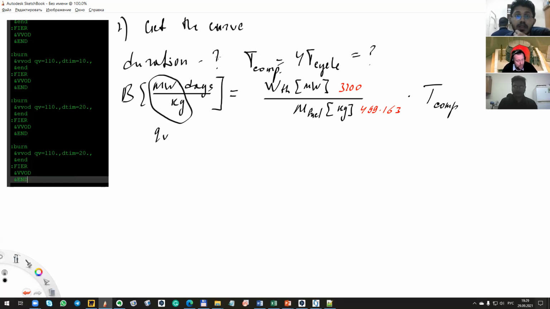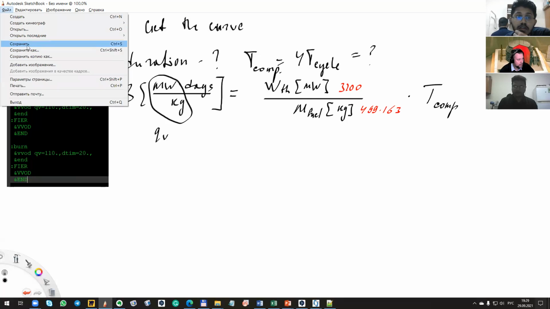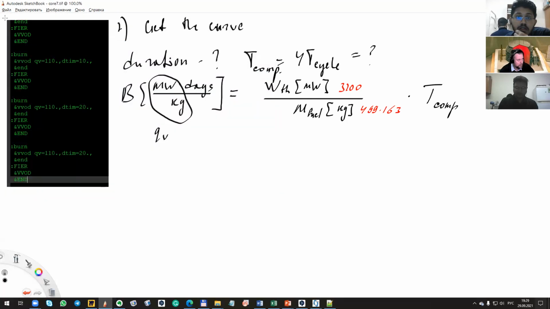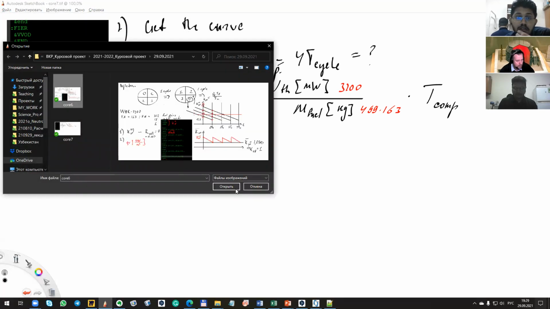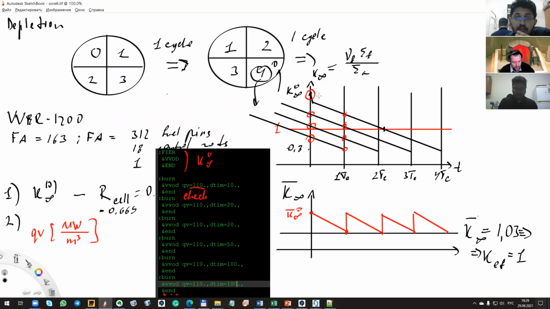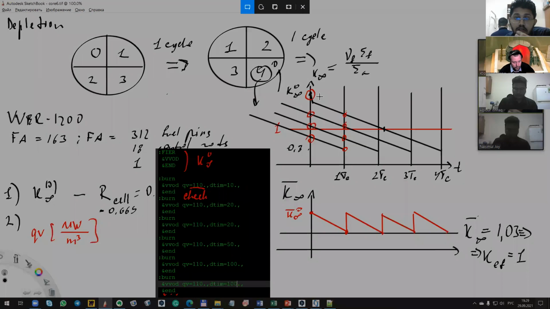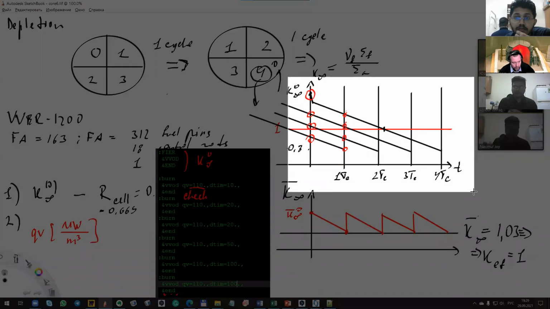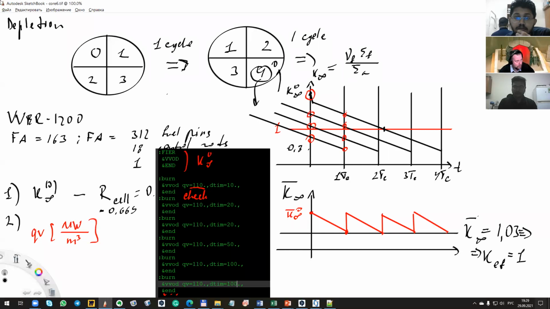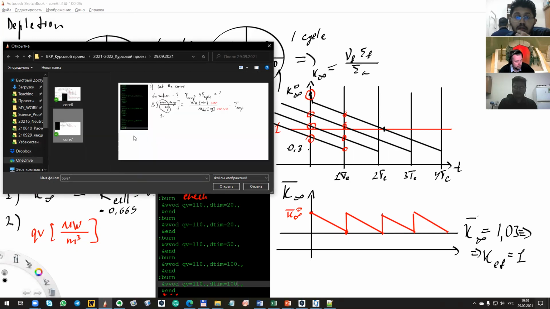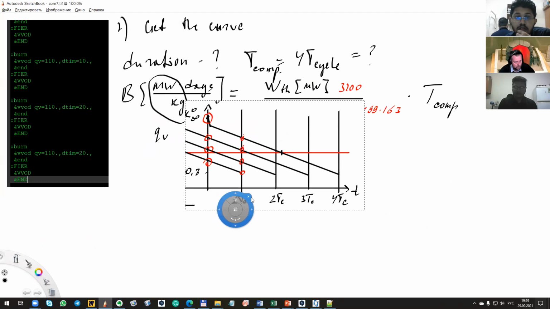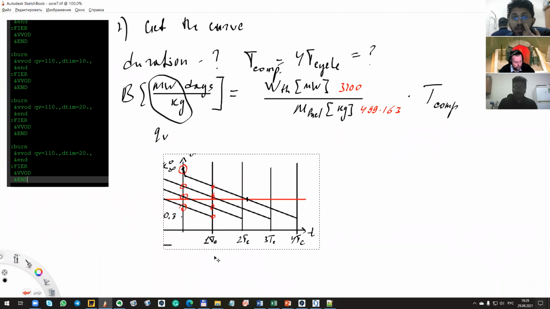So get the curve. So you get this curve. Yes, this curve.